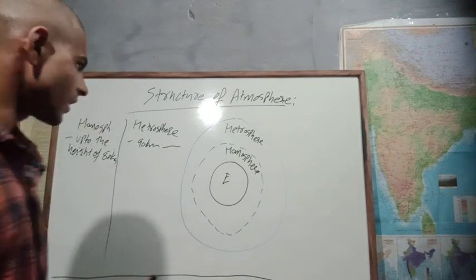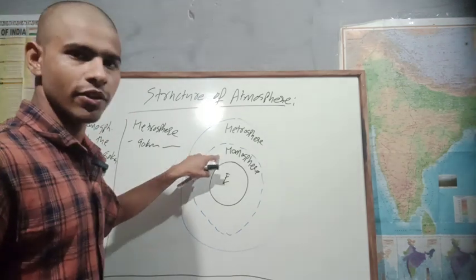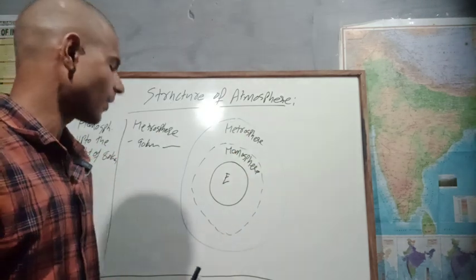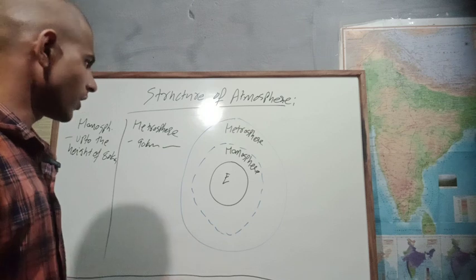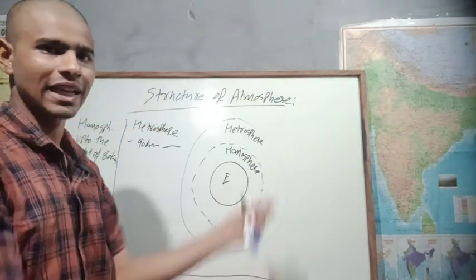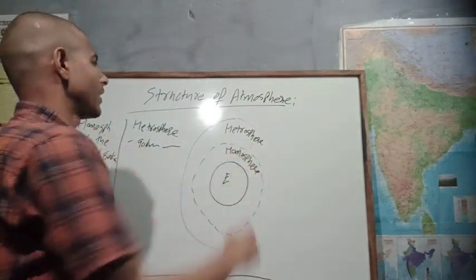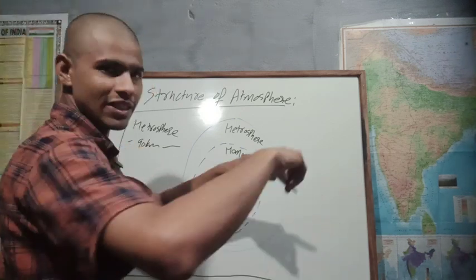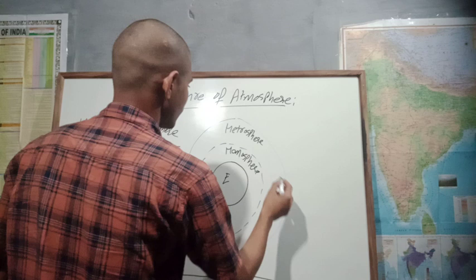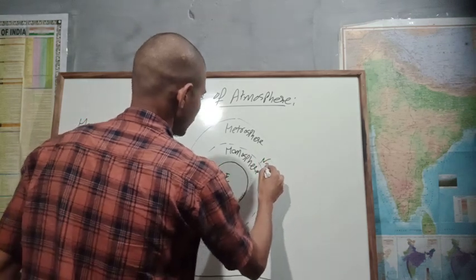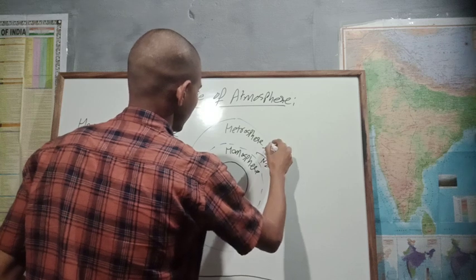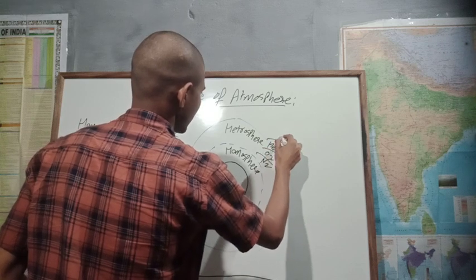Now, in this homosphere, there is uniform mixing of air, a uniform mixing of all the gases. But in heterosphere, you'll find that the gases are arranged in layers. We have the nitrogen layer, then the oxygen layer, then helium, then hydrogen layer.